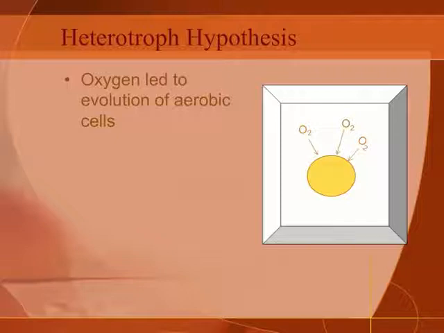Now go back down to the box labeled Heterotroph Hypothesis. You've already written that this explains the evolution of prokaryotic cells. Next, you need to write that it is called the Heterotroph Hypothesis because the cells start with heterotrophic cells taking in nutrients from their environment.